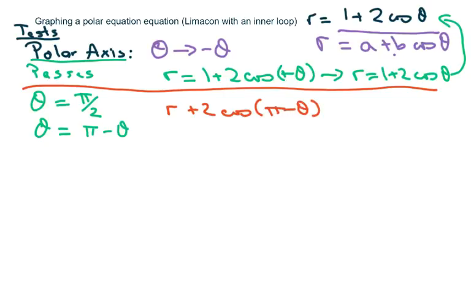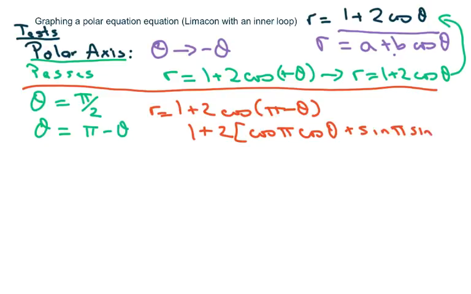Now I'm going to use the difference formula for cosine. Sorry, I wrote this down wrong. It's r equals 1 plus 2 cos of pi, cos of theta, plus sine of pi, sine of theta.